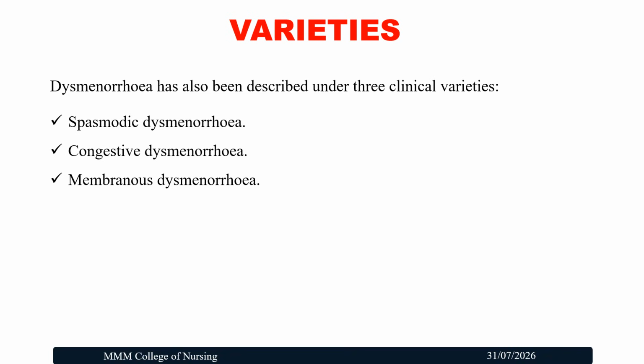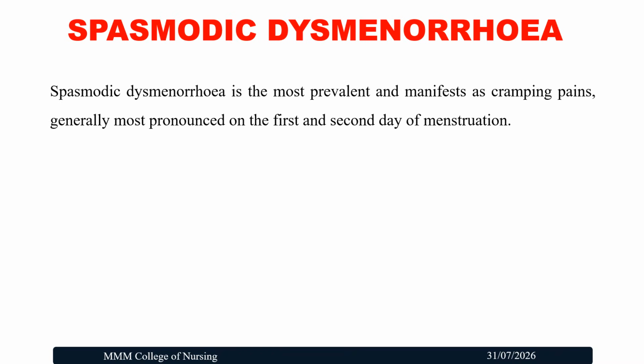Dysmenorrhea has been described under three main clinical varieties. First is spasmodic dysmenorrhea, second is congestive dysmenorrhea, third one is membranous dysmenorrhea. Spasmodic dysmenorrhea is more prevalent and manifests as cramping pains.